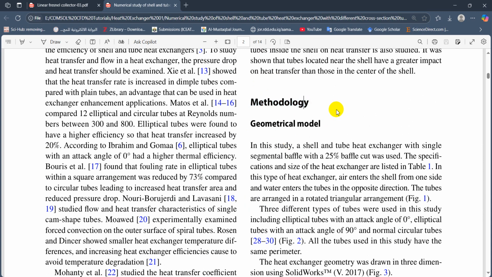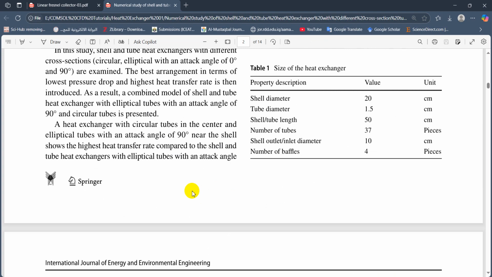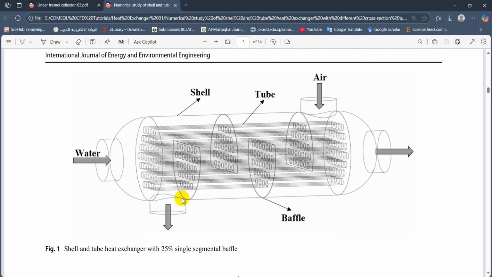You can see that the authors' materials and methods is subdivided into a geometrical model. You can see here that this is the geometrical model. It is better to draw the shell and tube heat exchanger using advanced software.